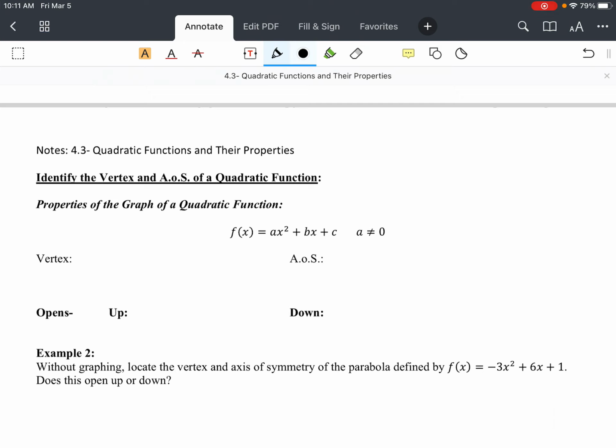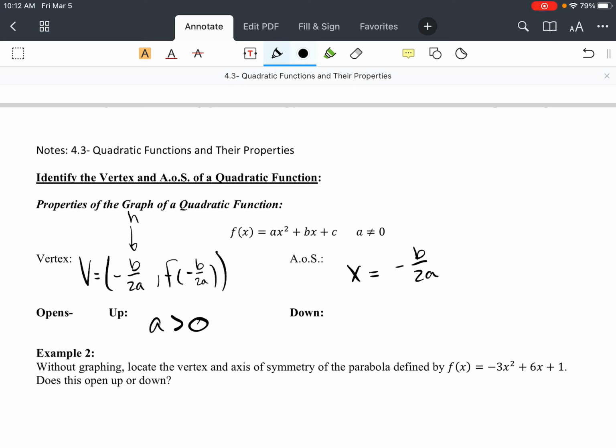All right, so let's talk about some properties of quadratic functions. First of all, the vertex V is equal to (h, k), so h is -b over 2a, and you can find k by just plugging that back into the function, by evaluating f(h). The axis of symmetry you can calculate by -b over 2a.